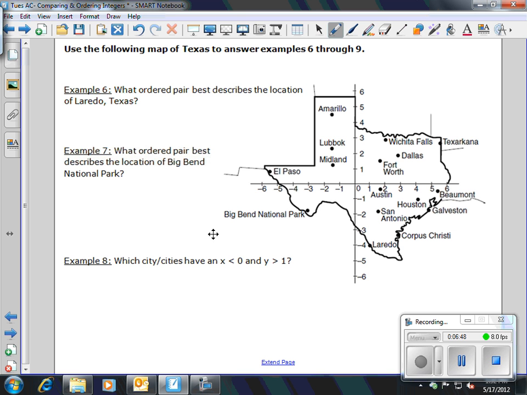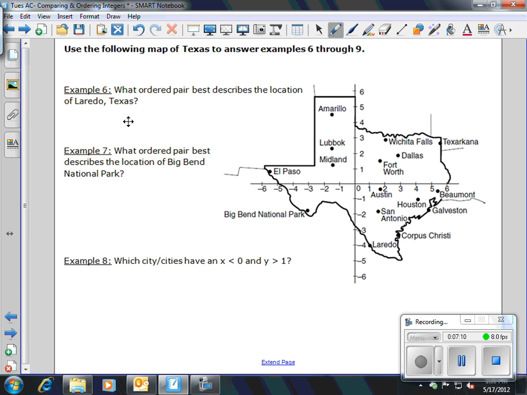What ordered pair best describes the location of Laredo, Texas? Laredo, Texas, as we talked about yesterday, is in quadrant 4. In quadrant 4, we're looking at the x and the y value for our ordered pair. So the x value is on the x-axis, that's at +1.